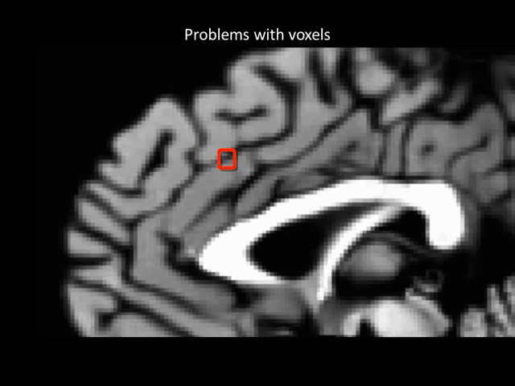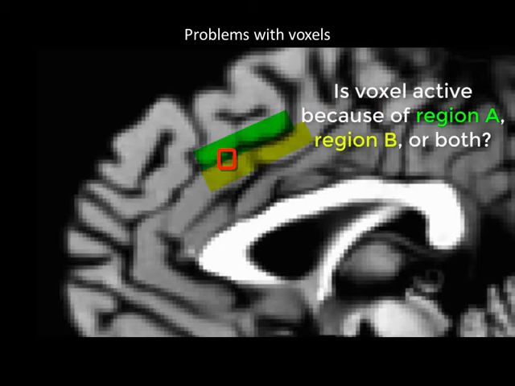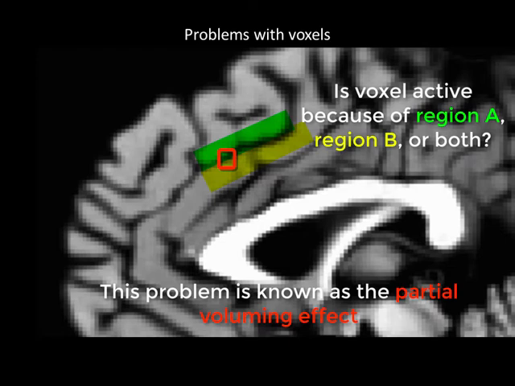If you have a voxel that spans both of those regions, and let's say you run an analysis and you find that that particular voxel is active, it's very hard to determine whether the activity in that voxel is due to, say, the region highlighted in green, the region highlighted in yellow, or a mix of both. With these volumetric data sets, we can't determine what the contribution is from those 2 regions. Like I said, this problem is known as the partial voluming effect.